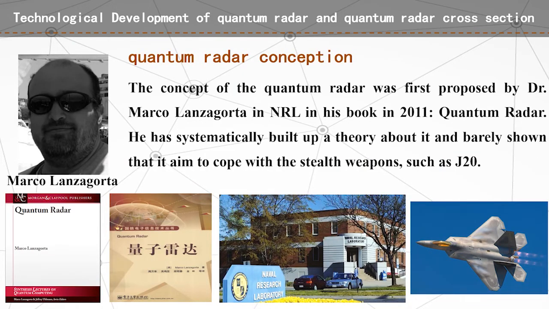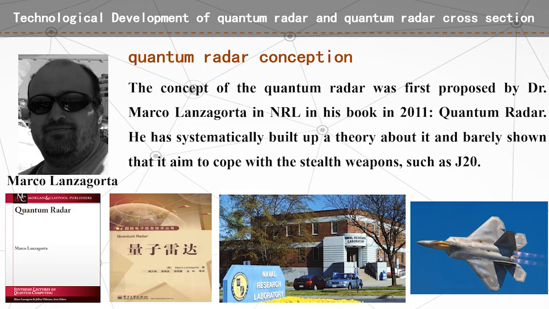When we talk about quantum radar, we should not ignore this guy, Marco Lanzagrota, who works in NRL, the Naval Research Laboratory in the USA. Because the concept of quantum radar was first proposed by Dr. Lanzagrota in his 2011 book, Quantum Radar.